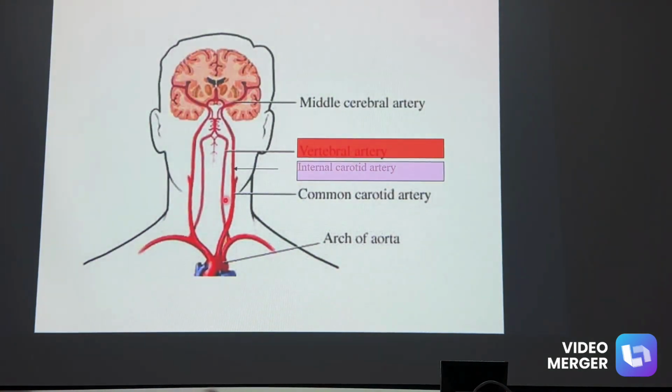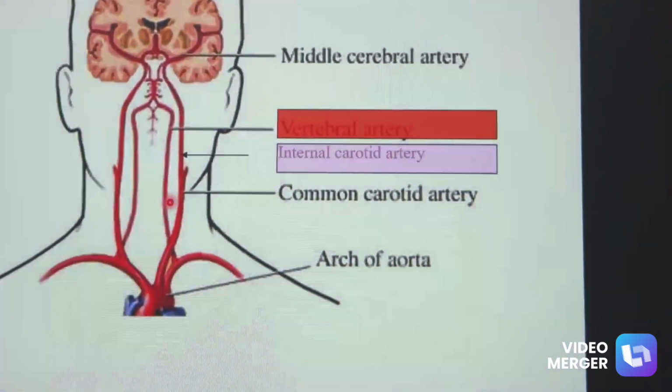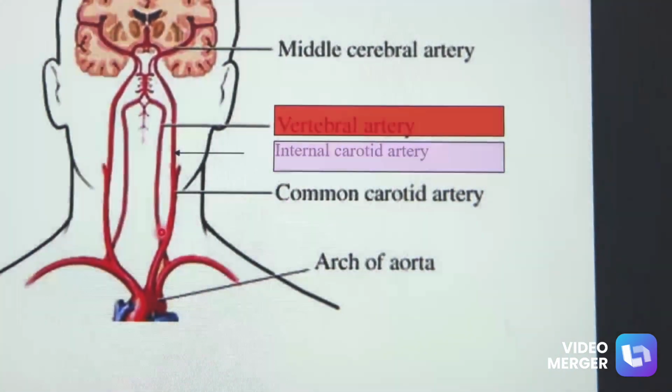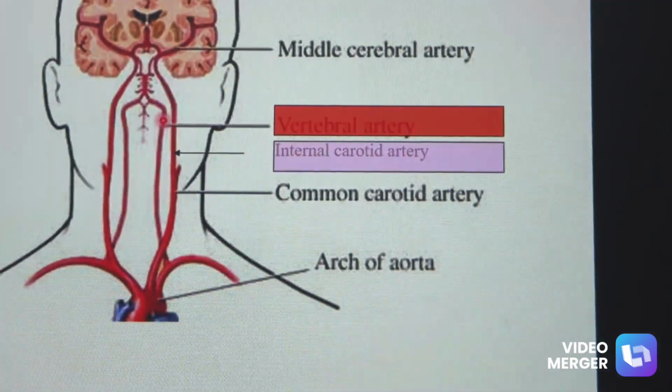This is the frontal diagram, simple to show the origin of the major vessels which supply the brain. The two vertebral arteries, the right and left, are paired structures which originate from the proximal part of the subclavian artery on both sides. The left common carotid artery originates directly from the aortic arch, and the right common carotid artery originates from the right brachiocephalic trunk.